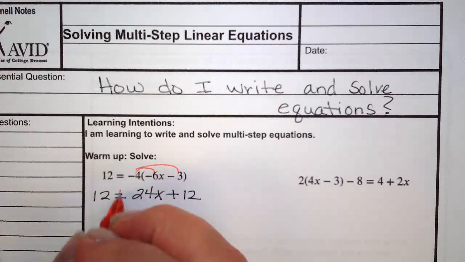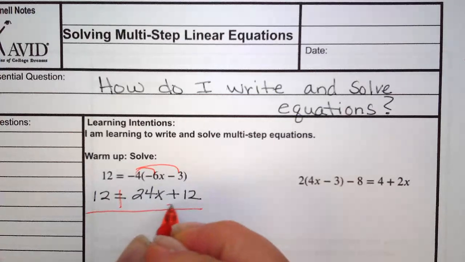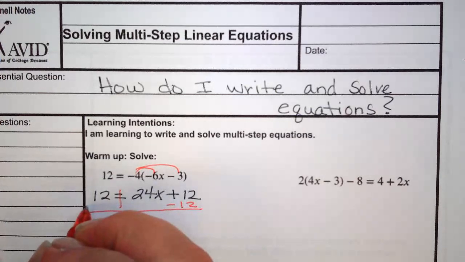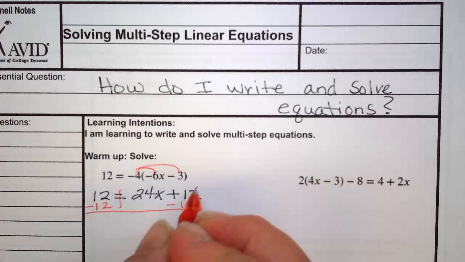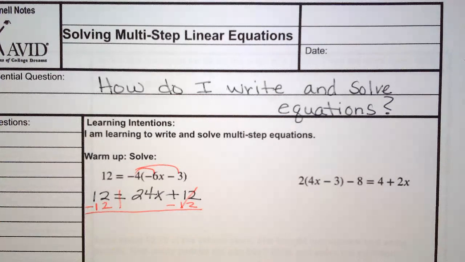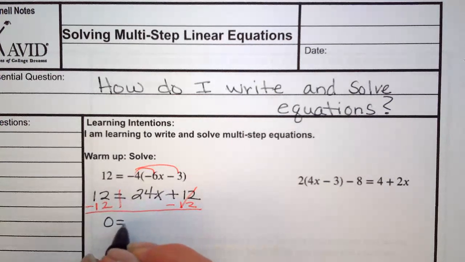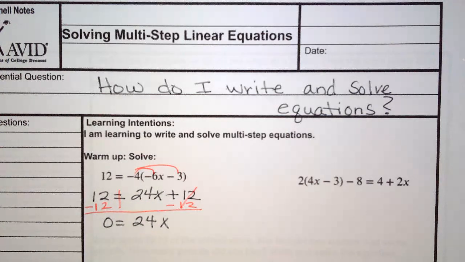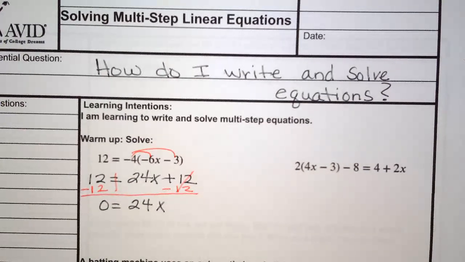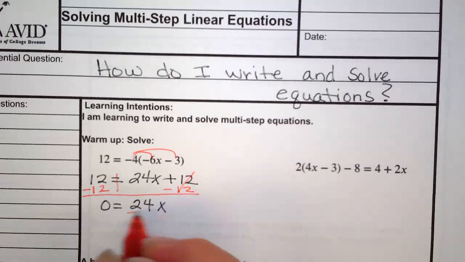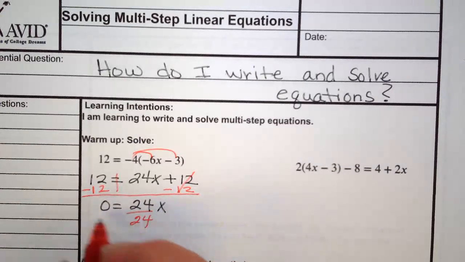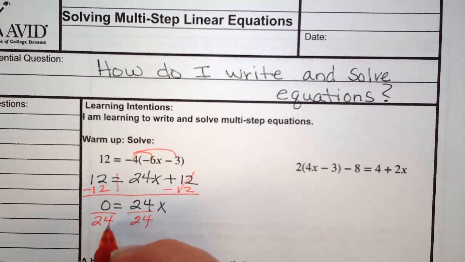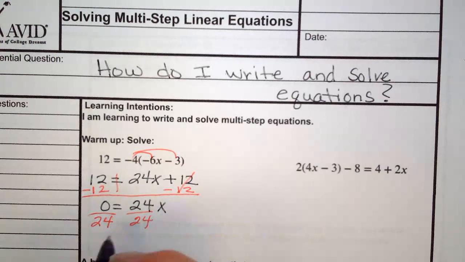To solve, I subtract 12 from both sides. Zero is equal to 24x. And yes, we are doing it correctly. Divide by 24, you should know what the answer is right now. And 0 is equal to x.